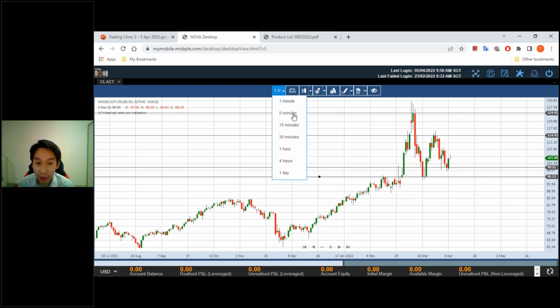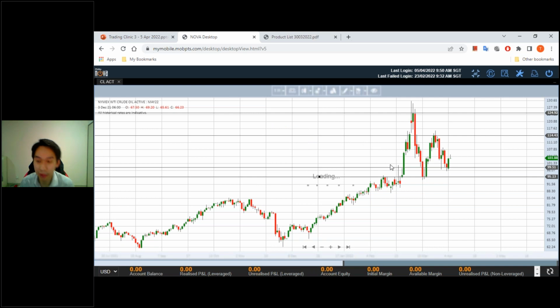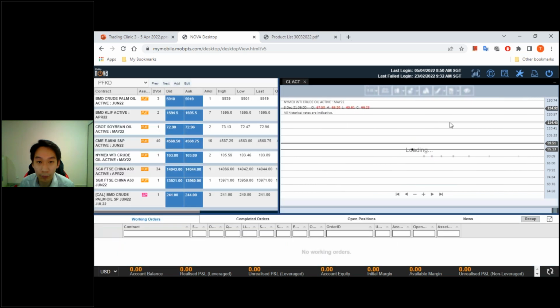So if you're an intraday trader, you can go down to the 1 hour chart to see more price action for you to enter a trade. Sorry, my computer is a bit laggy.